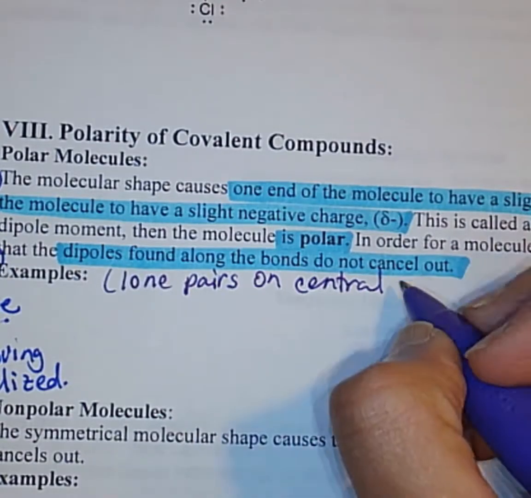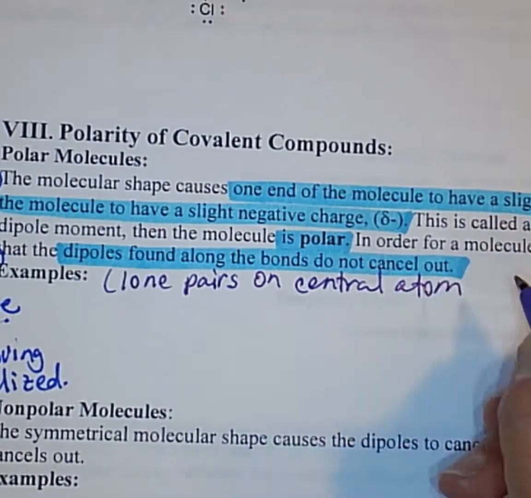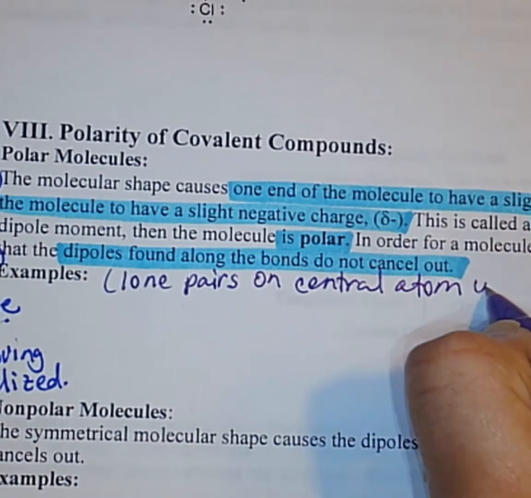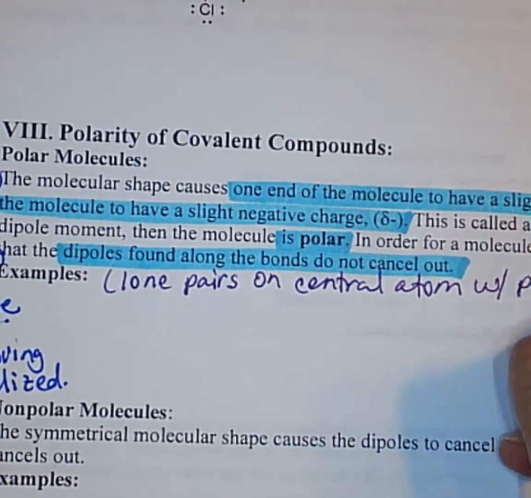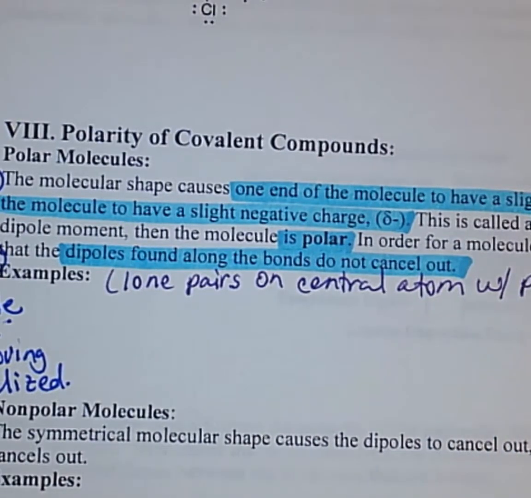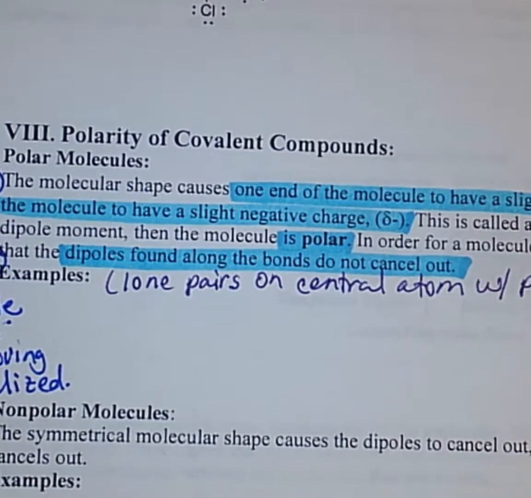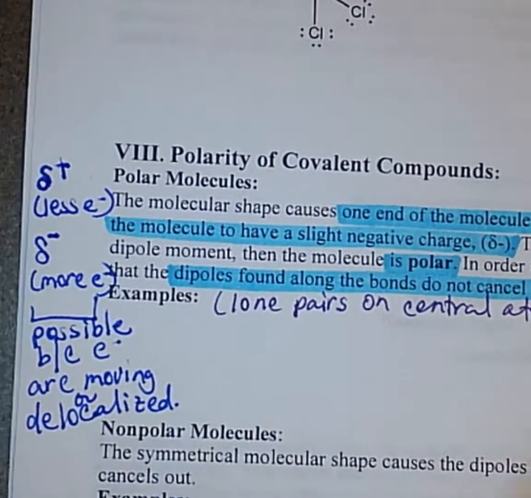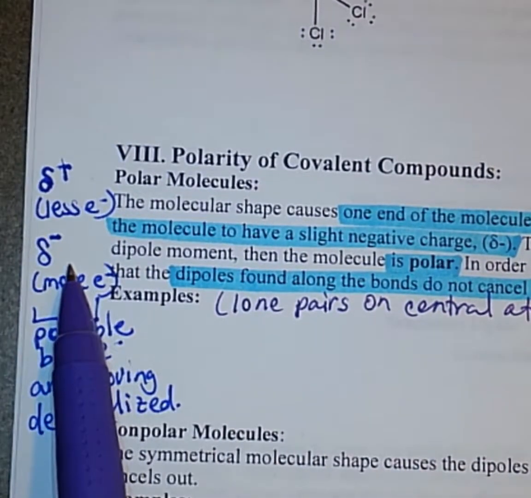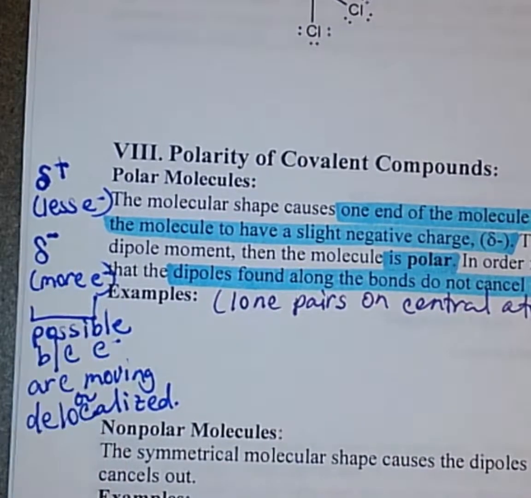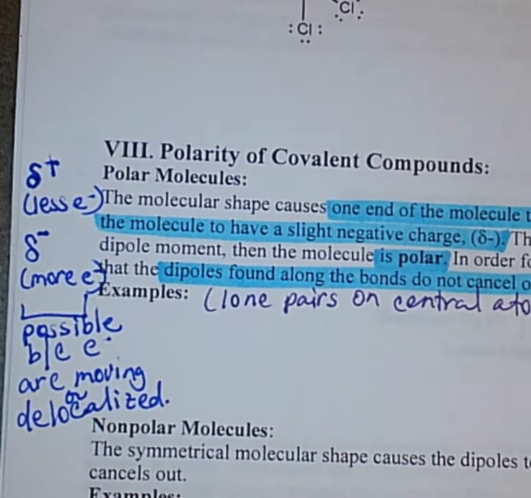And if the central atom happens to have lone pairs, then most probably it's a polar molecule. Okay, because it has polar bonds. And keep in mind that with polar bonds, the electrons are not being shared equally, and that's why one side is partially positive, and the other side is partially negative. Okay, because they are not being shared equally.